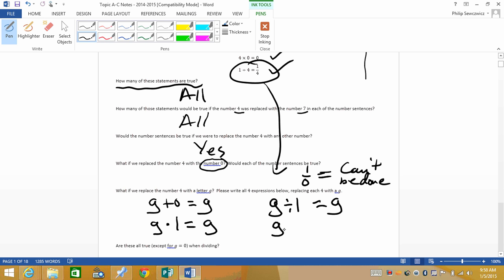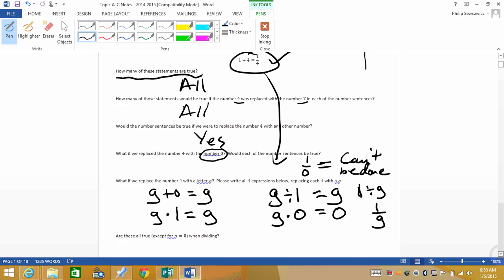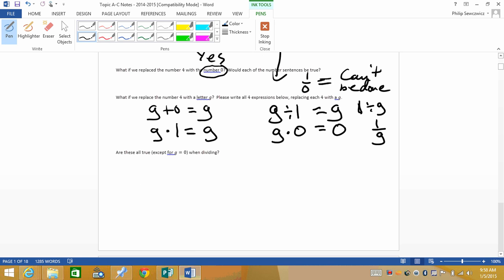If we multiply something by 0, we're always going to get 0. And if we write 1 divided by G, it is simply a fraction. We want to get used to using variables with our numbers. Are all these true except when G equals 0? Like we said, G is special there. Yes, they are all true, no matter what we do.